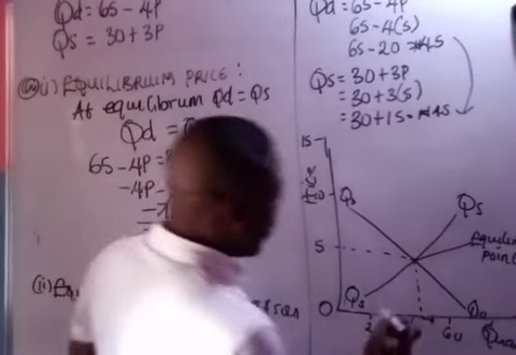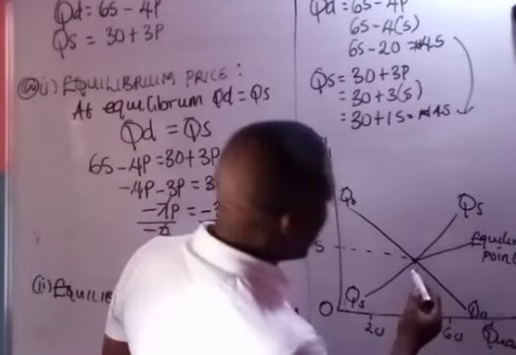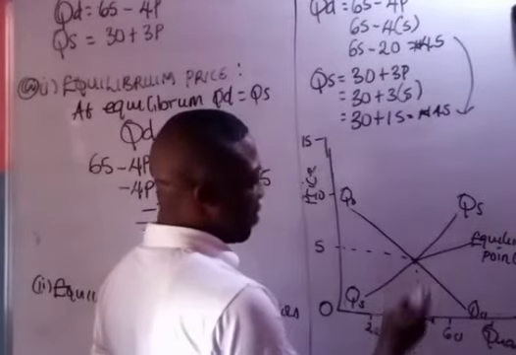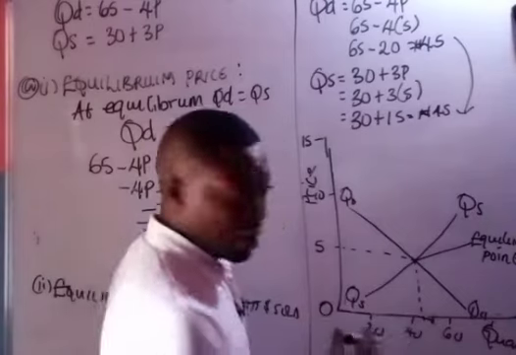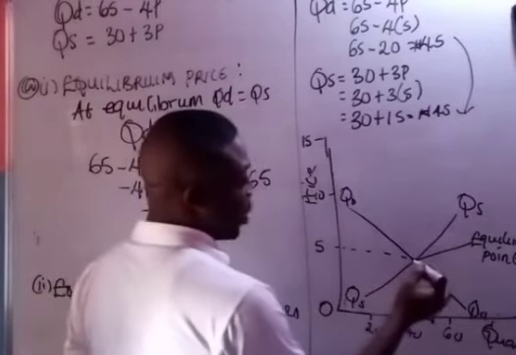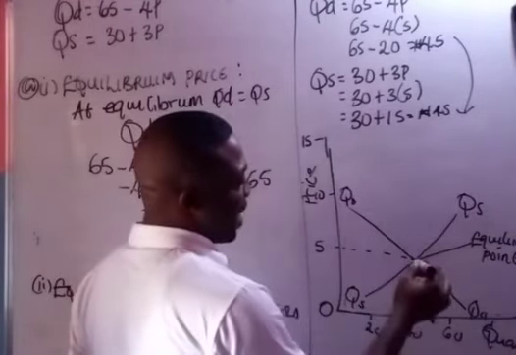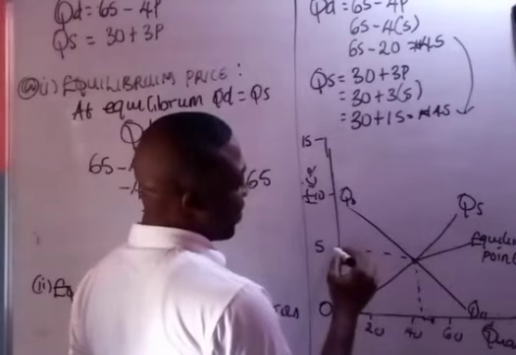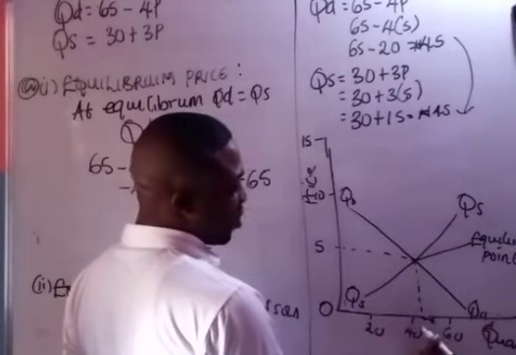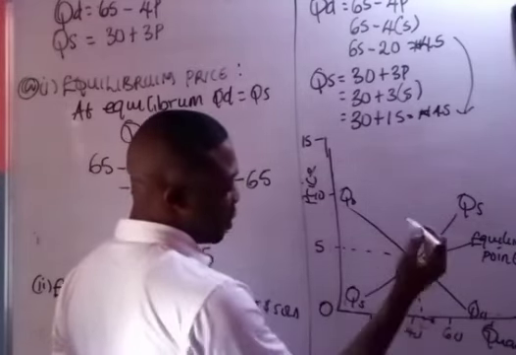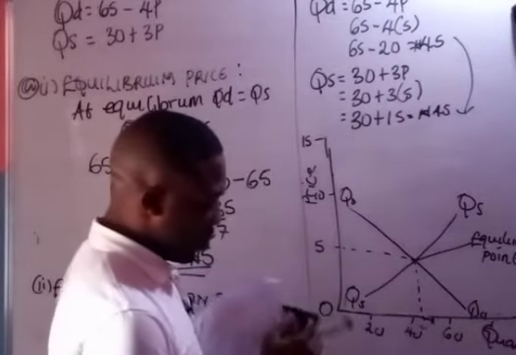This is the point where the quantity demanded and supplied are the same. Please don't mind the graph, it's just a sketch. Just understand this. There's a point where the quantity demanded and supplied are the same. And this is the equilibrium price, 5 naira. This is the equilibrium quantity, 45 units.